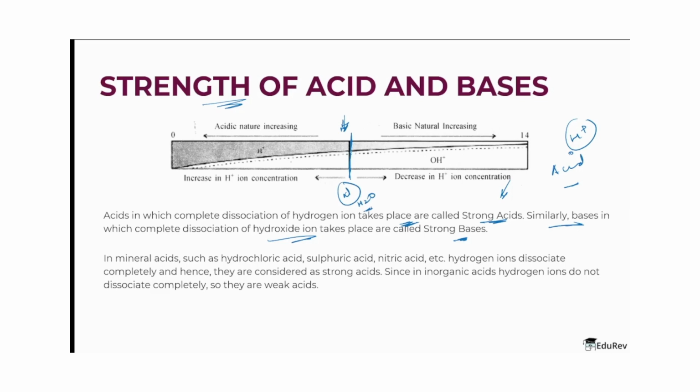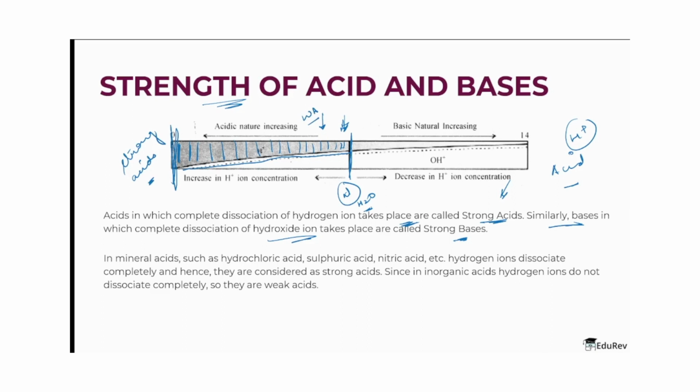If I'm going to increase the concentration of H positive ions, you can see that here I have more H positive, and the H positive ions are decreasing as I go towards my right hand side. This means that the highest concentration of H positive is on the left hand side. So here my strong acids are going to be there, whereas on this side, my weak acids are going to be there.